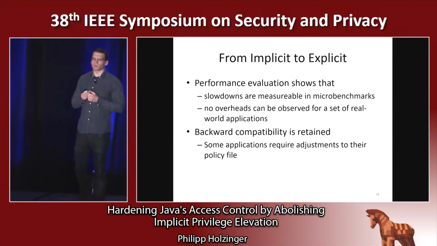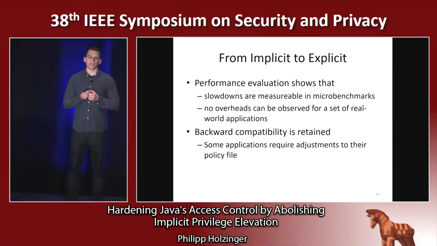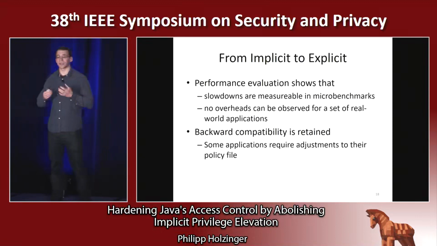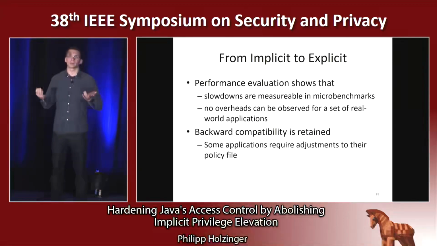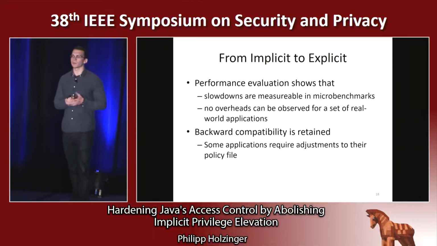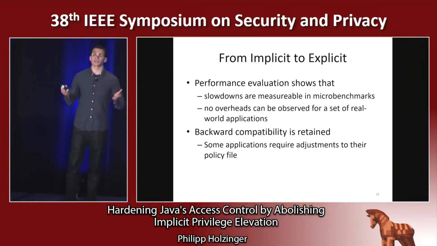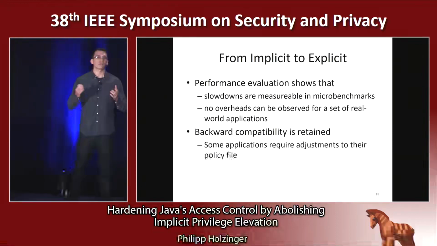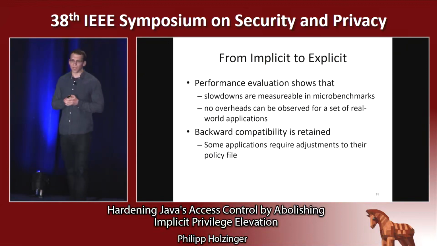What we found, however, when assessing the execution speed of real-world applications, we found that these little slowdowns just have no impact on real-world applications. The real-world applications that we used here is the DaCapo benchmark suite, which comprises a set of open source applications that cover a broad range of possible program behavior, and we found no performance slowdown at all.